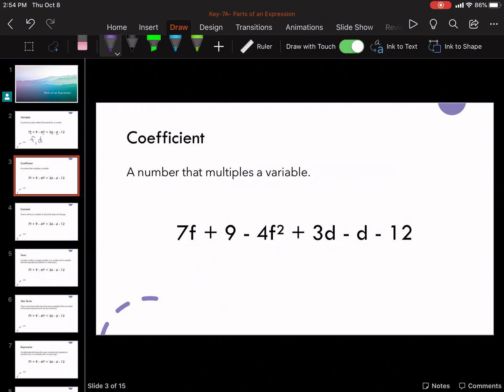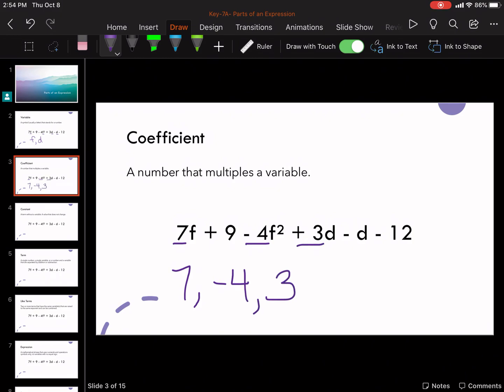The next one is a coefficient, a number that multiplies a variable. Think copilot, what is with it? The prefix co means with. So it's your number with your variable. So we have 7, okay? We have -4. Notice that subtraction sign is also a negative, so we have -4. We have 3.